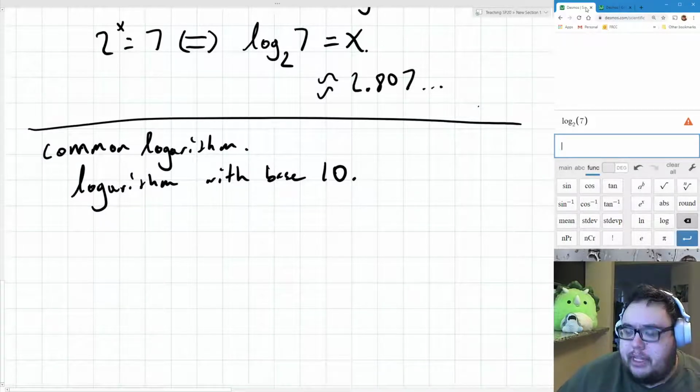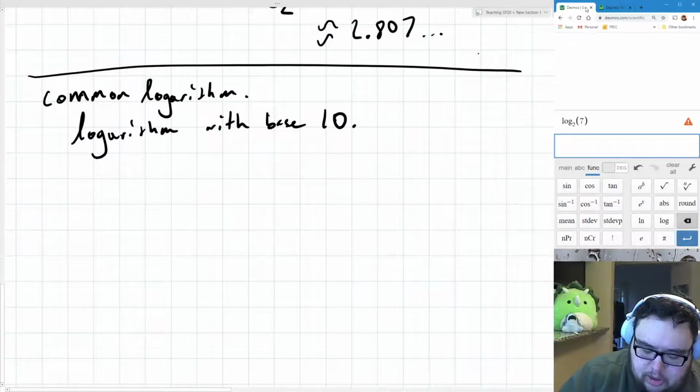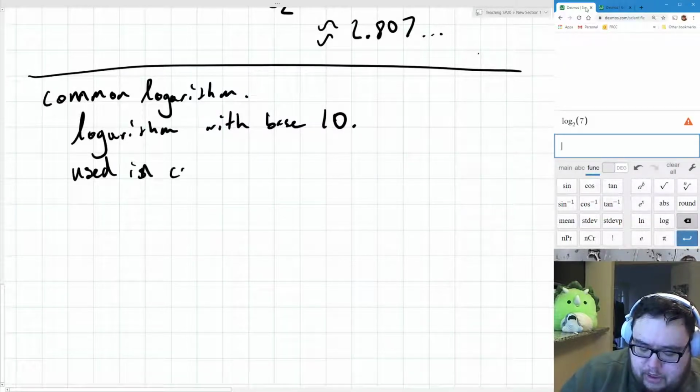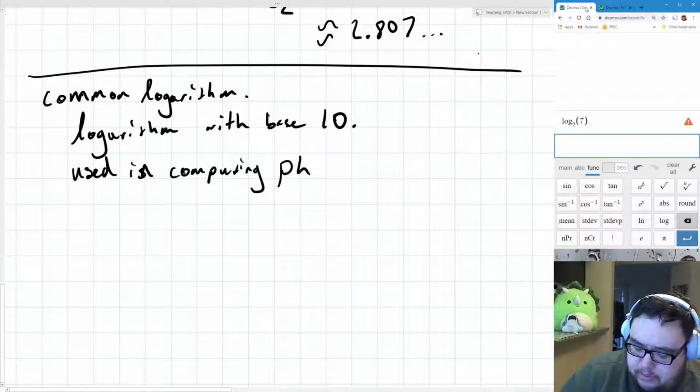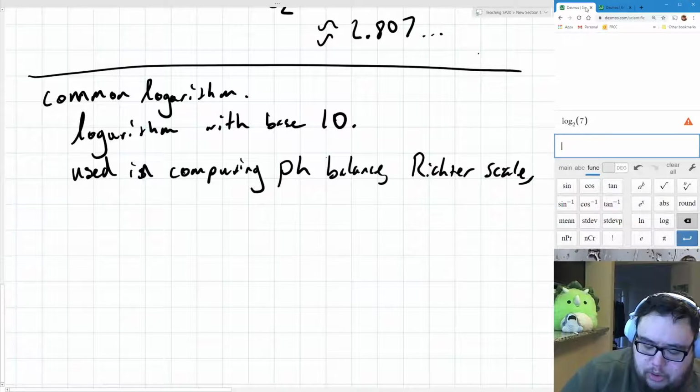You see it in a lot of science settings. For example, the common log is used in computing pH balance, the Richter scale for earthquakes, decibels for sound.